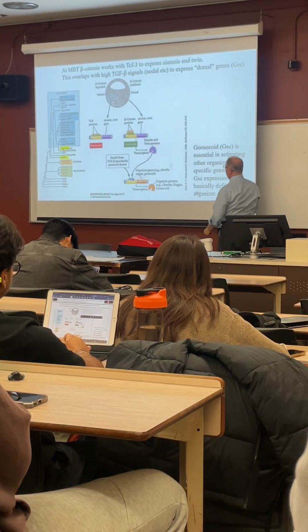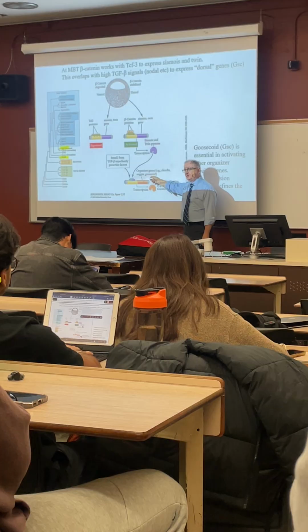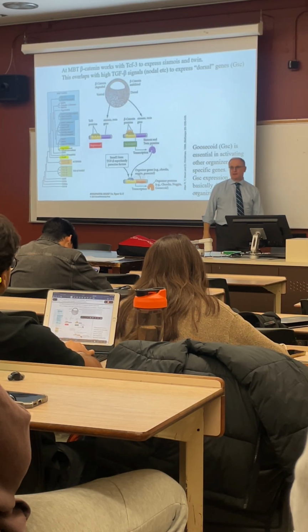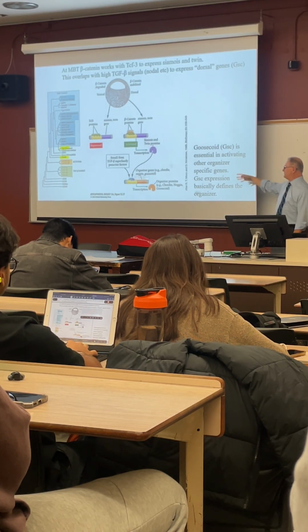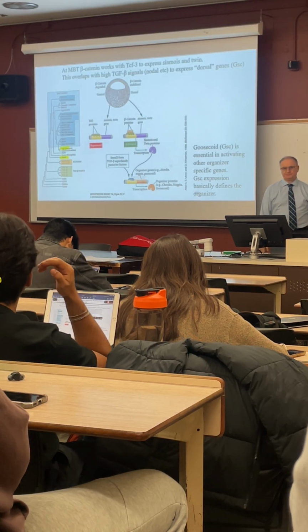And it's only at this step that you make goosecoid. Once you have goosecoid, you've made the dorsal organizer. Right, so it's essential for turning on other genes. Goosecoid is a transcription factor.